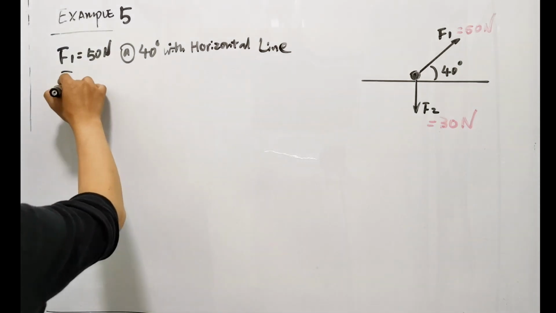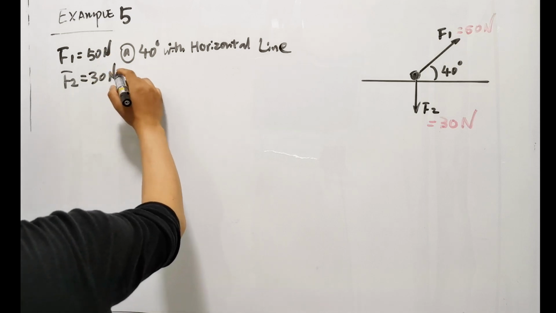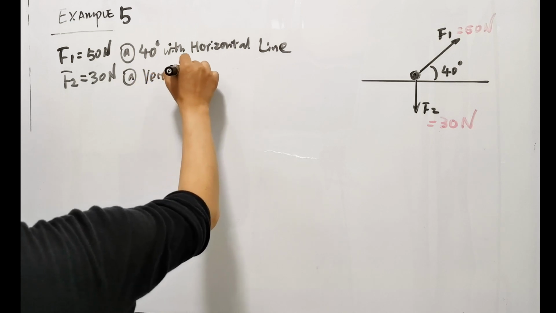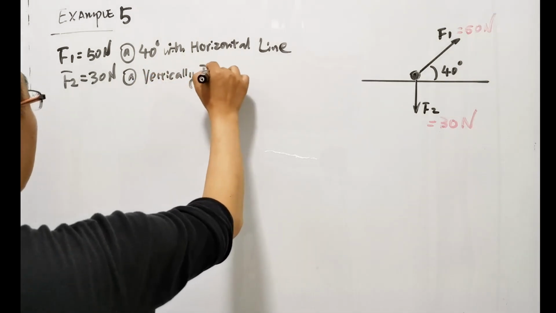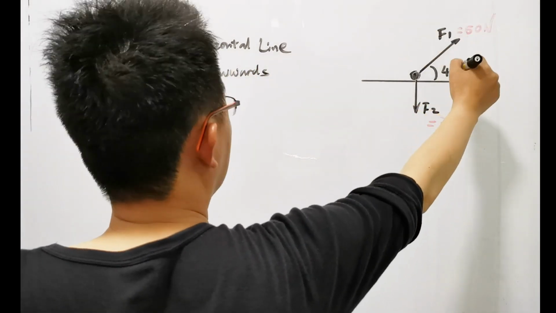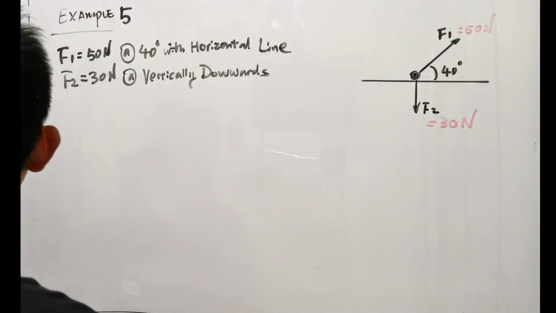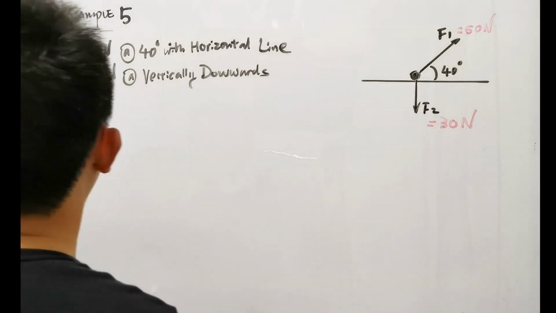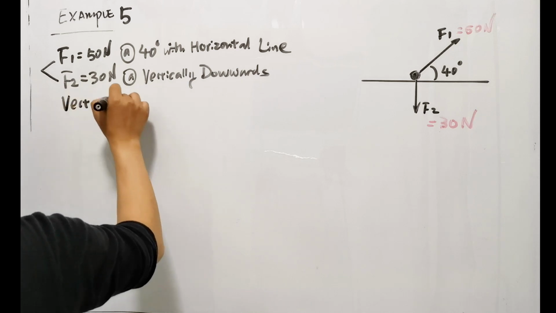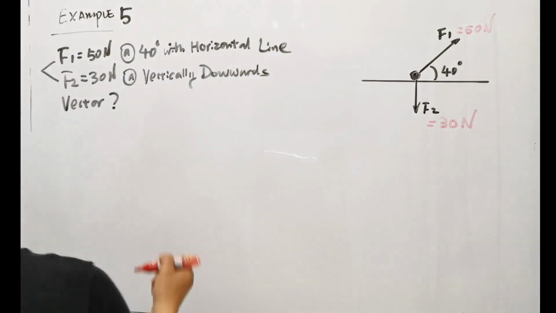And then we have another one, F2 equals 30 Newtons, which is vertically down. Let's represent these two first as vectors in the diagram. So we represent each one as a vector. So how do we resolve this problem?